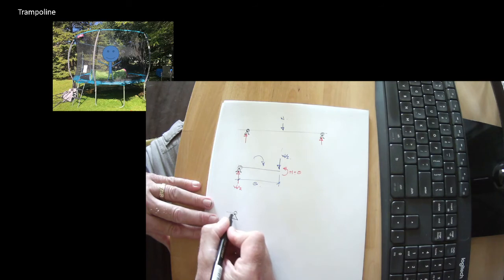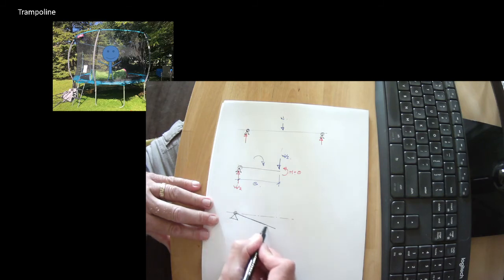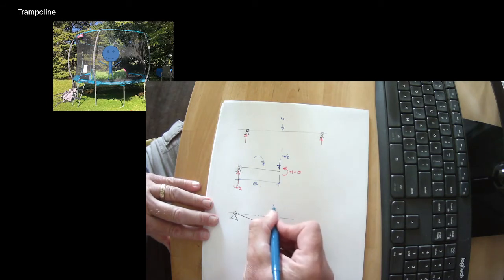So let's look at this. Here's my horizontal datum line. When we step on a trampoline, it sags in response to our load. It may not sag very much visually, but it sags.